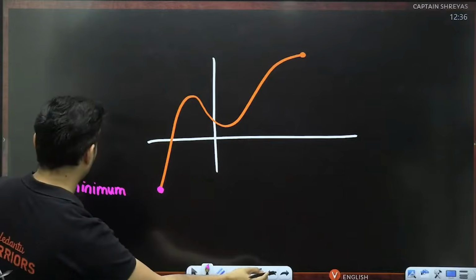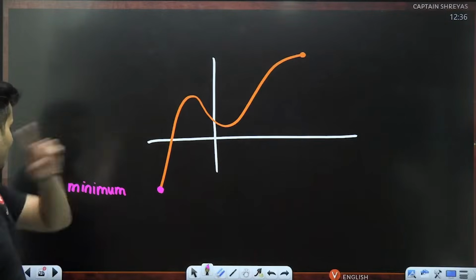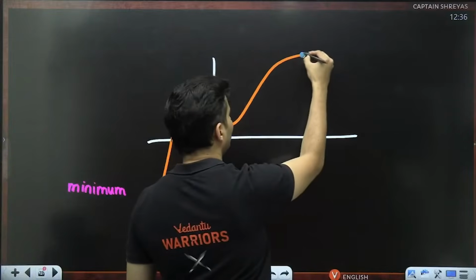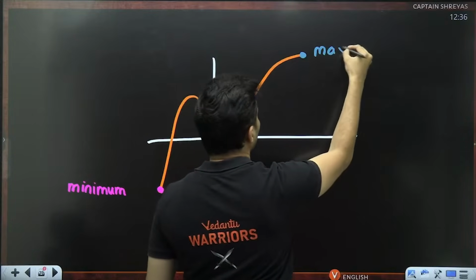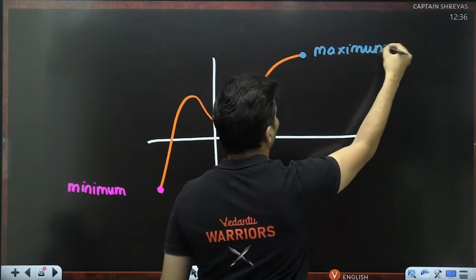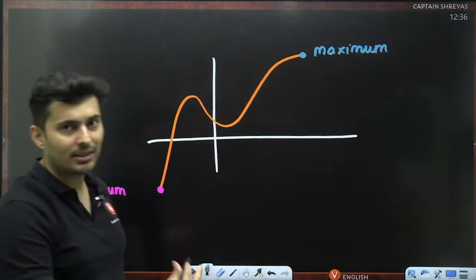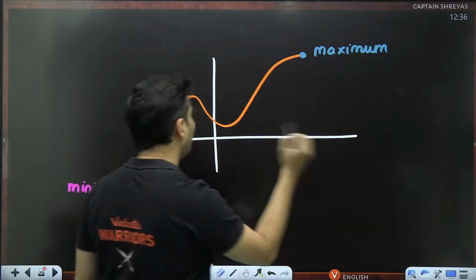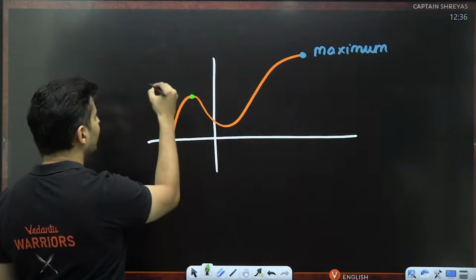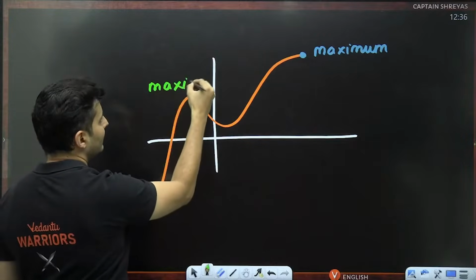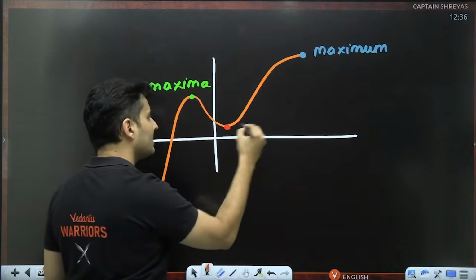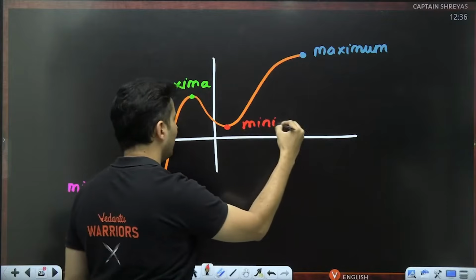Minimum value of the function, correct? And if I ask you what is the maximum value, then this would be the maximum value of that function in that graph. If I ask you what is the maxima, maxima is here. If I ask you where is the minima, then this is the minima.